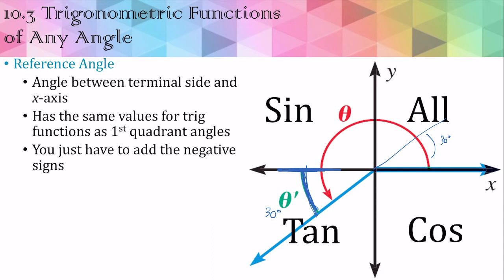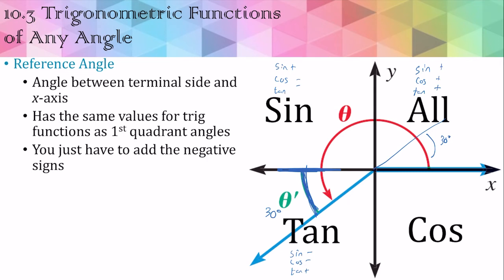What's written here is what's positive. All means sine, cosine, and tangent are all positive. Sine means sine's positive, but cosine and tangent are negative in quadrant 2. In quadrant 3, sine's negative, cosine's negative, but tangent is positive.